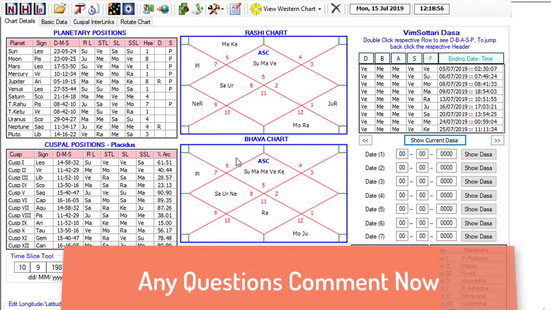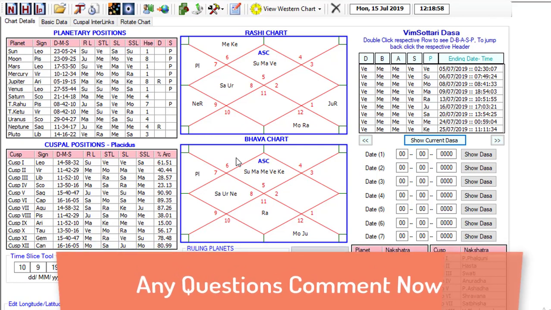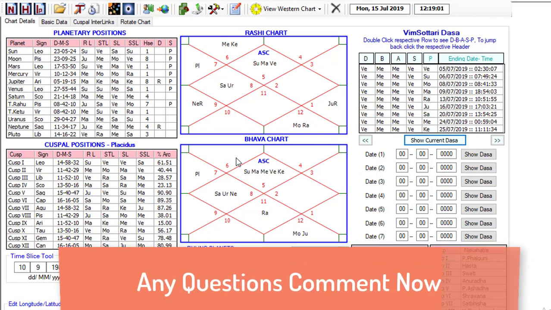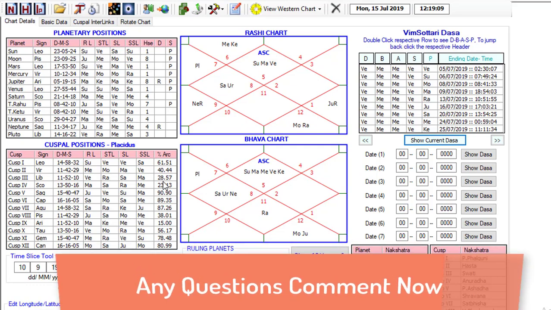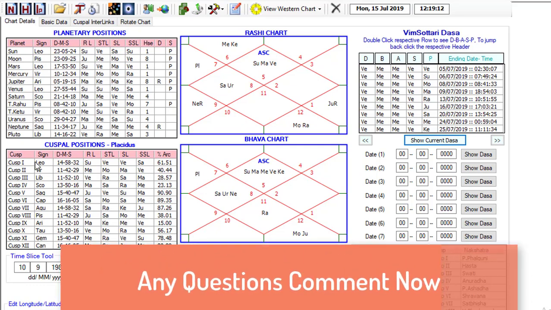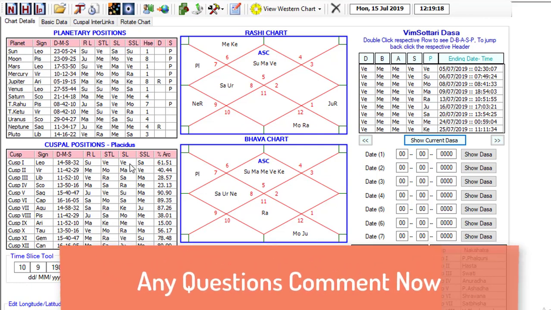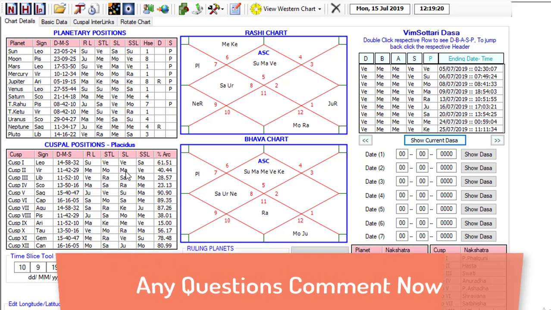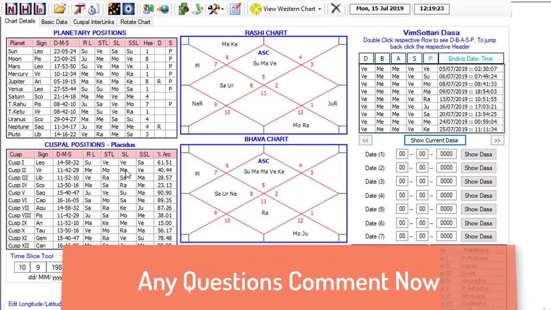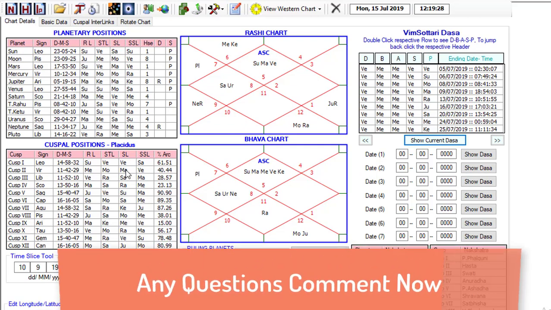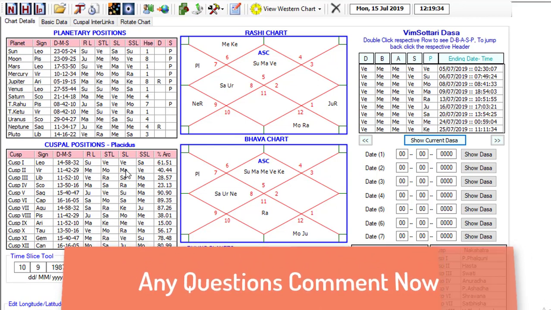If we were talking about finance, I see the second house sublord. In KP astrology especially, the sublord is the key planet which is going to give the result. Let's say the second house is for finance. If you want to understand the result of finance, I will see Mars here. Mars is the sublord of the second house, so Mars is responsible for this Jataka's financial status.